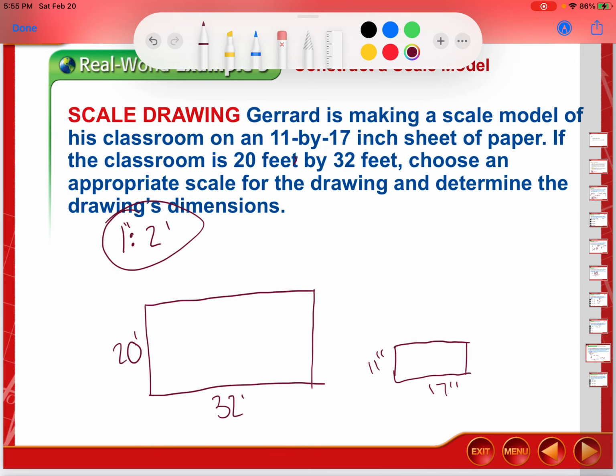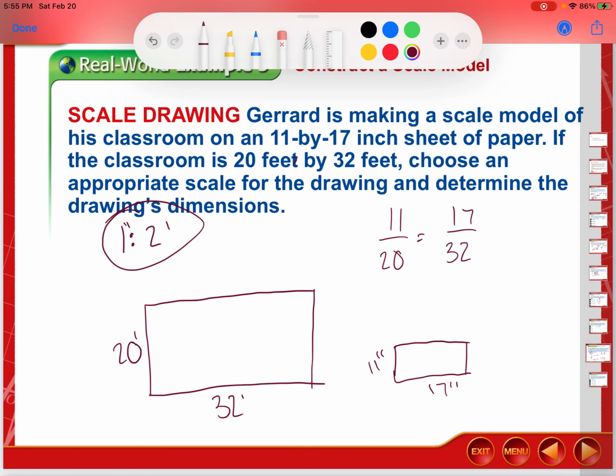I need to make them match exactly. And if you wanted to do that, you could set up a proportion and see if they're proportional, if it would even work. So you could say 11 over 20 equals 17 over 32. Then we would do a little cross multiplication. So 20 times 17 is 340, and 11 times 32 is, okay. So they're not exactly proportional. So we couldn't make it fit the paper exactly if we wanted to. We could get pretty close.